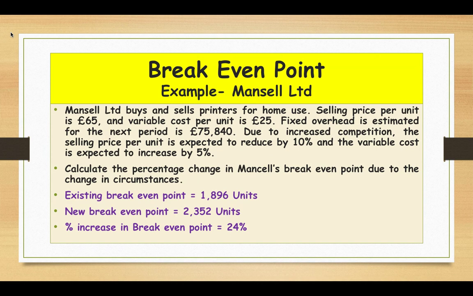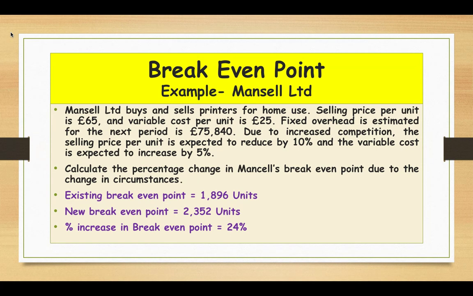For that, the fixed cost 75,840 divided by the new contribution per unit. So the selling price is reduced by 10%. So the new selling price is £65 times 90%, so that is equal to £58.5. That's our new selling price per unit.